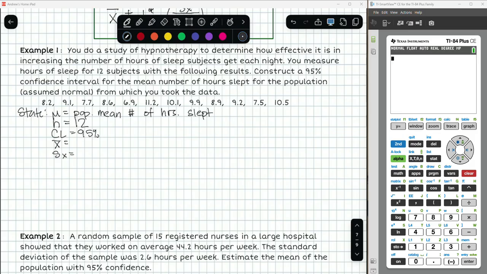I'm also going to come over here and do my critical value. So I'm going to draw a student t curve, which looks kind of like a normal curve. I'm marking it as t this time. 0, 1, 2, 3, 1, 2, 3.